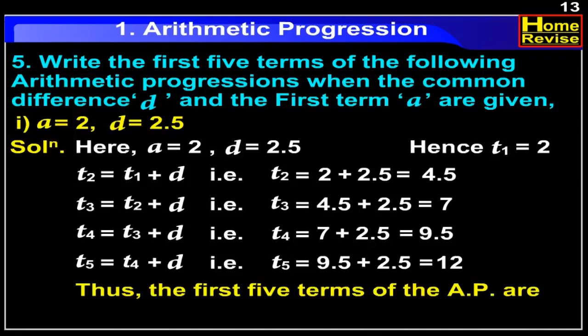Thus, the first 5 terms of the arithmetic progression are 2, 4.5, 7, 9.5, and 12.